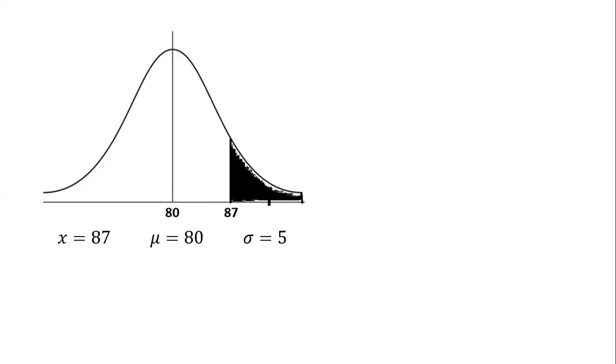Or consider natin na parang ito yung score din kanina. What is the probability of those who got 87 and above? So the area from 87 and above, I have constructed steps to get it.